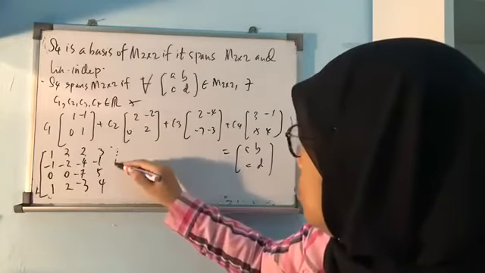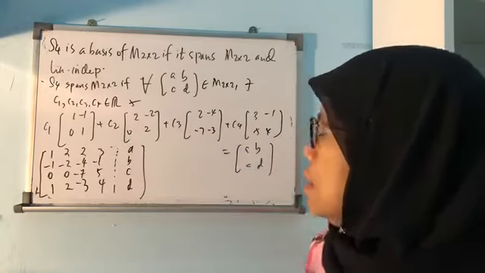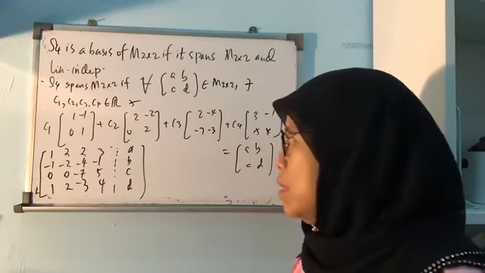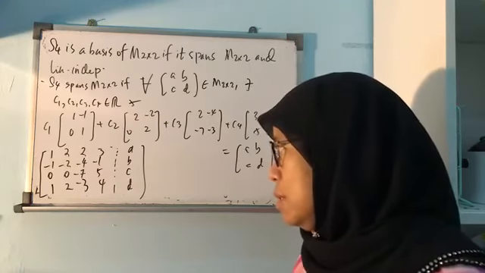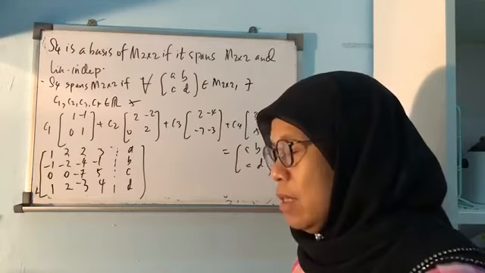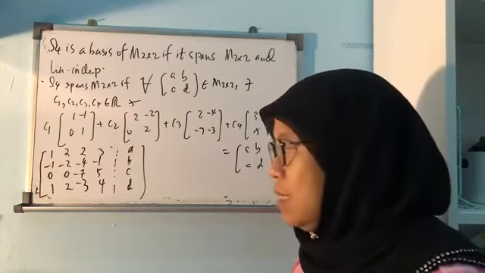And then put A, B, C, D. One way to see whether C1, C2, C3, C4 exist is, since this is 4 by 4, you can find the determinant.